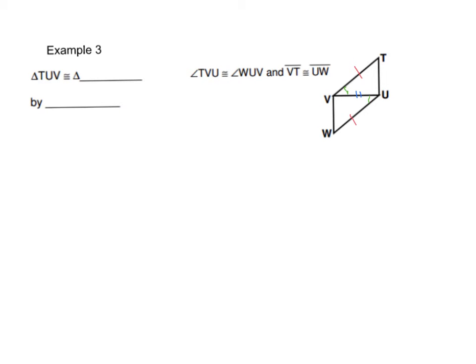So it seems that we have proven that triangle TUV is congruent to triangle WUV by side, angle, side. We have the two sides and the included angle, which is important. So you have a side, then the angle, then the side.